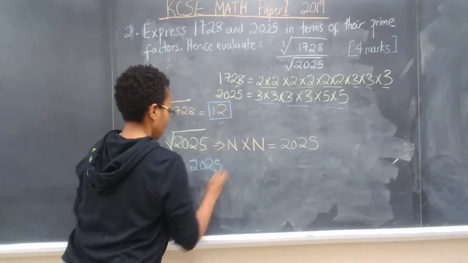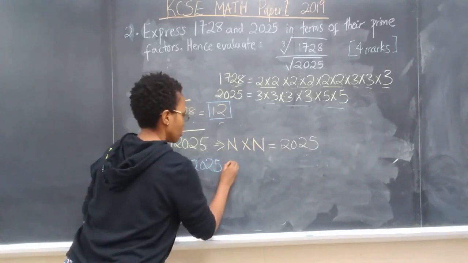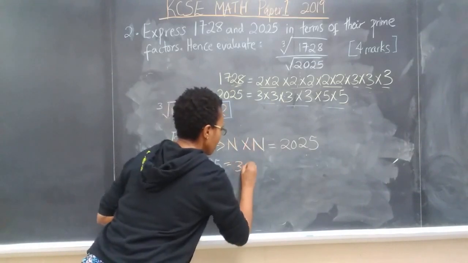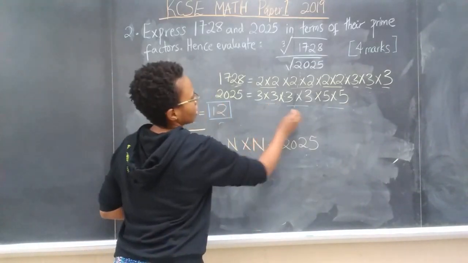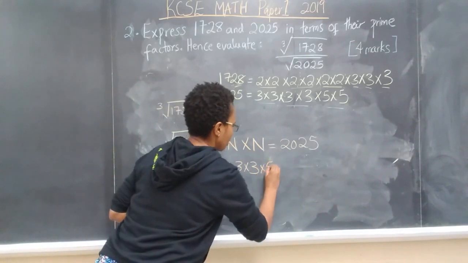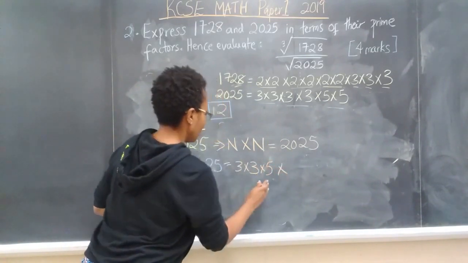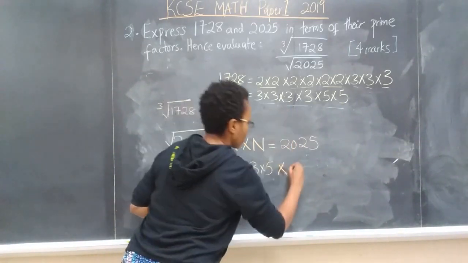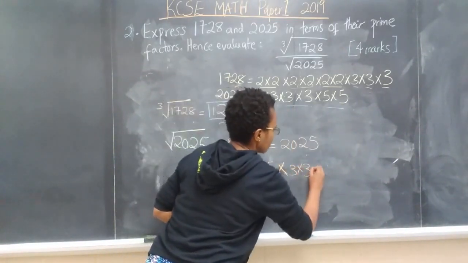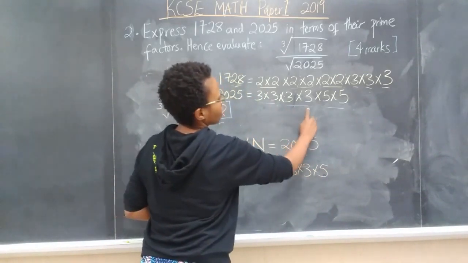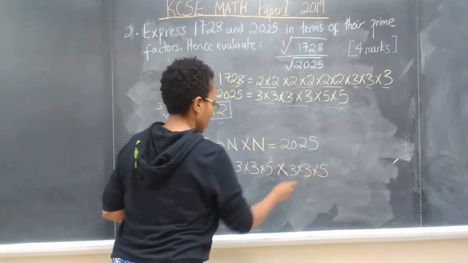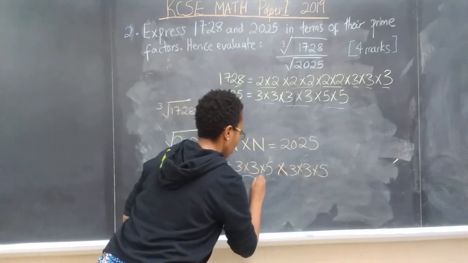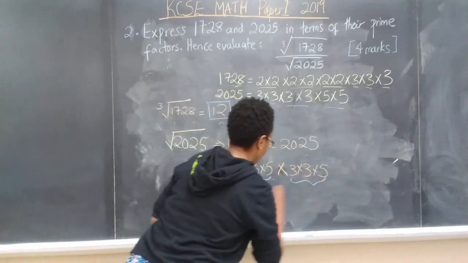Let me use orange. n is equal to 3 times 3 times 5, so that's the first n. And then times again 3 times 3 times 5, that's the second pair. So these are our n values.